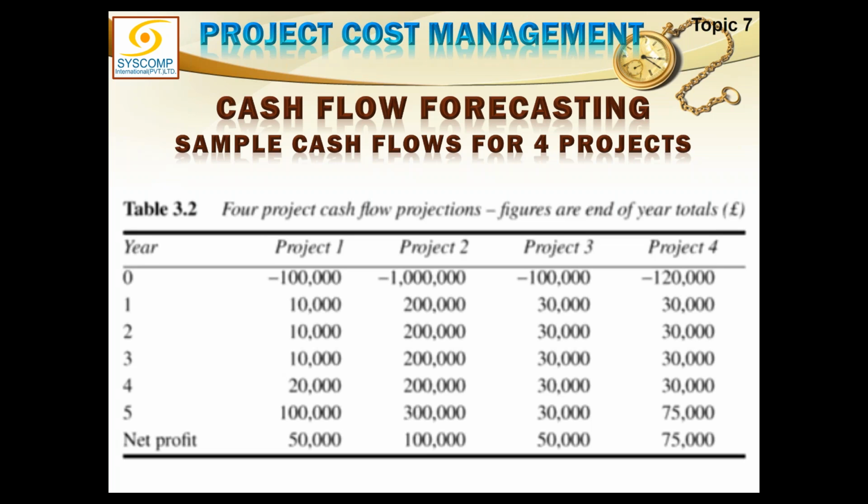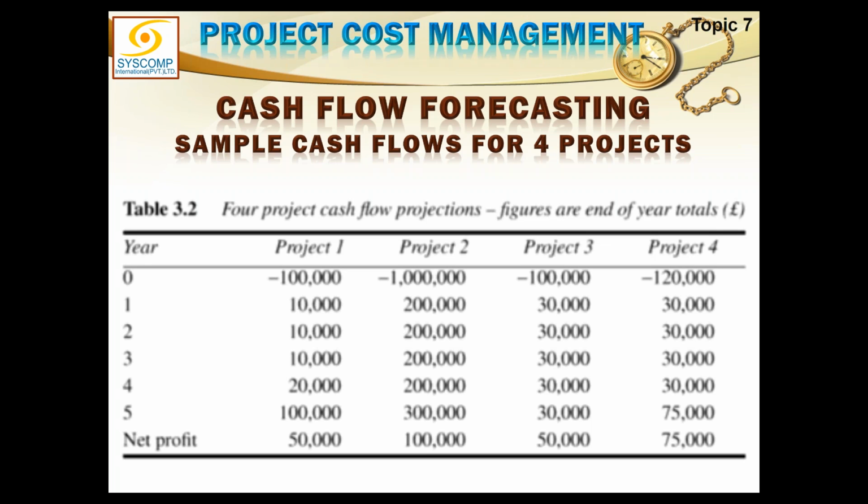And then I do the forecasting, and these are my forecasts on a yearly basis. Project 1 will yield 10,000 after 1 year. Then at the end of the second year, it yields another 10,000, and another 10,000 after the third year, 20,000 after the fourth year, and 100,000 after the 5 years.